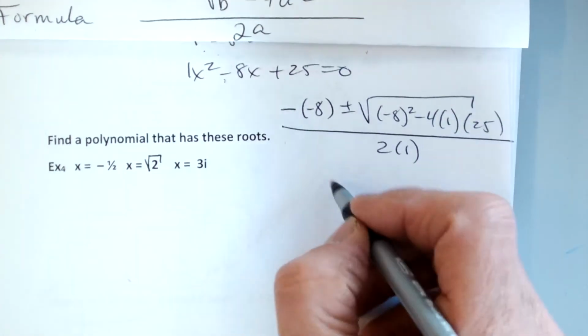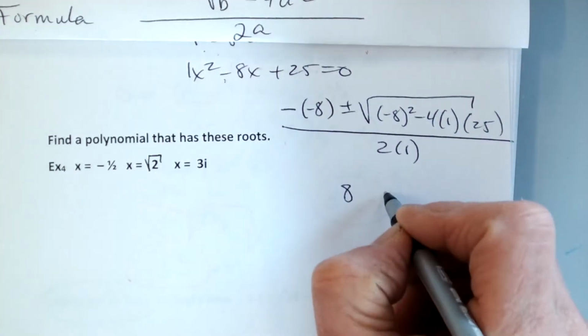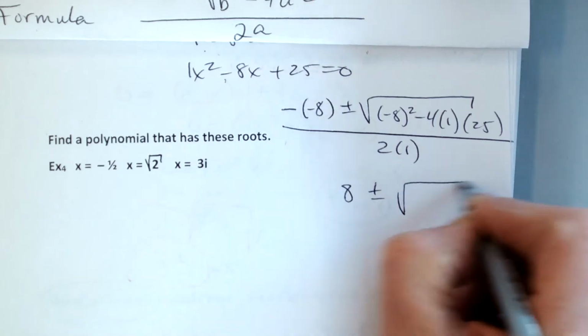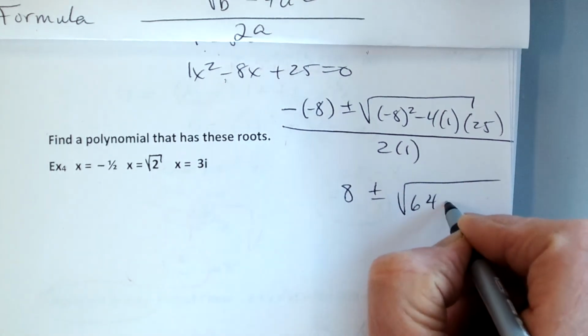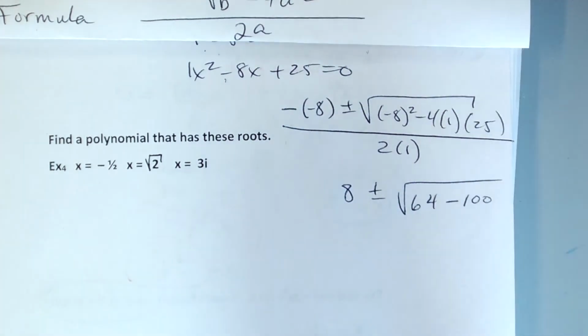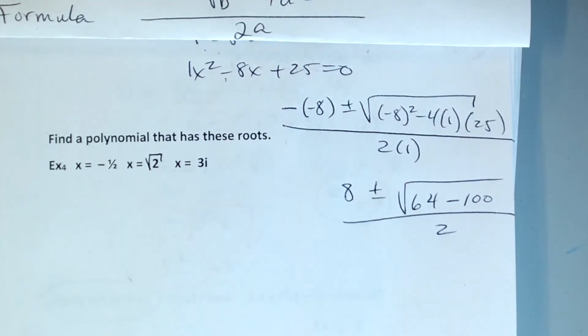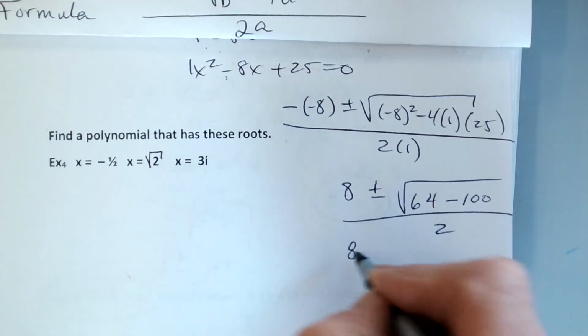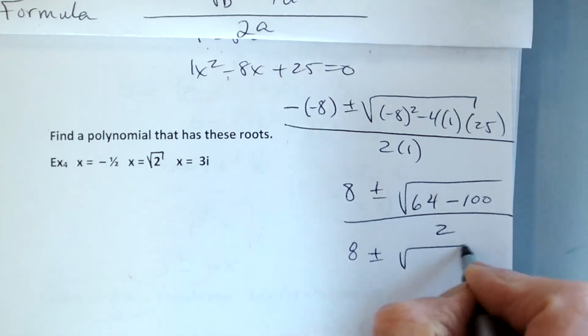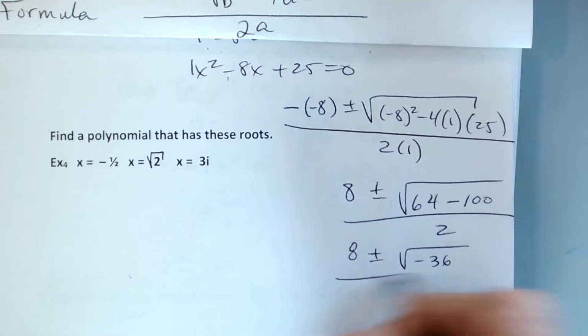Negative negative makes a positive 8 plus or minus the square root of 64 minus 100, all over 2. Was that 36? I think it is 36. Positive 8 plus or minus the square root of negative 36, right?